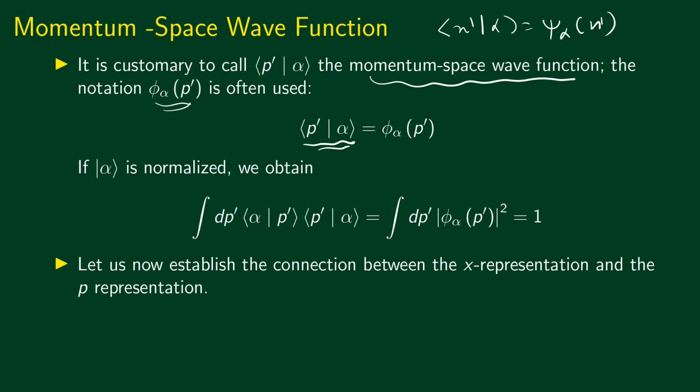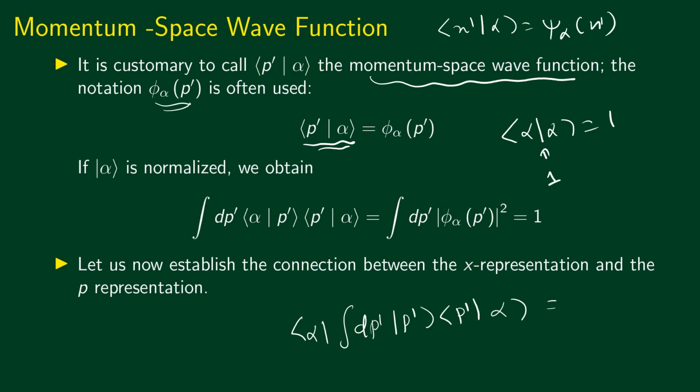Now the normalization condition. If ket alpha is normalized, this means that bra alpha ket alpha is equal to 1. This is the normalization condition. Now introducing an identity operator in terms of the completeness relation of the momentum eigenkets, we can write this as bra alpha integral dp prime ket p prime bra p prime ket alpha is equal to 1.